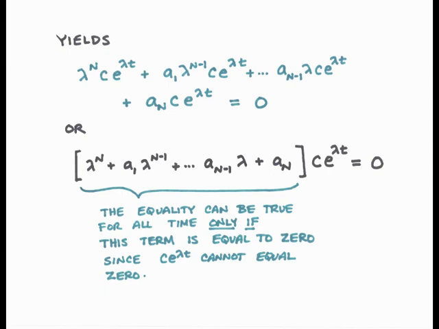For this equation to be satisfied, we must have the term inside of the square brackets equal to 0, since c e to the lambda t cannot be equal to 0 at each and every time. Since the polynomial must be 0, this dictates certain values of lambda for the solution. These values of lambda are the roots of the polynomial within the square brackets.